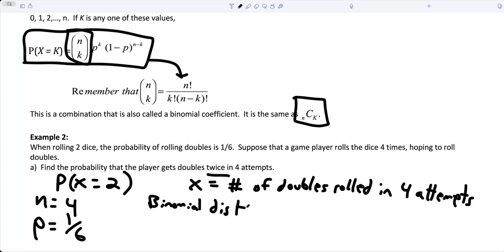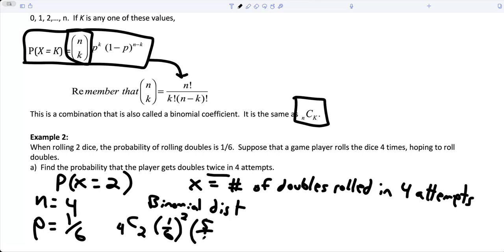Okay, and I'm gonna write this 2 ways for the notes, one with the formula and then one with binomial PDF. So we're gonna do 4 choose 2. Probability of success is 1/6. And 1/6 is raised to the, what power is it? How many successes am I trying to find? 2, so it's raised to the second power.